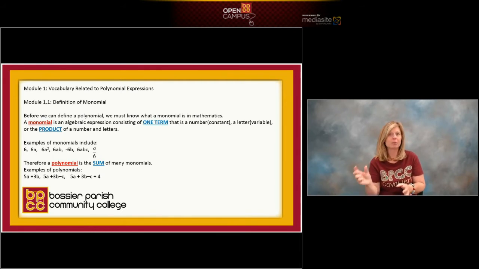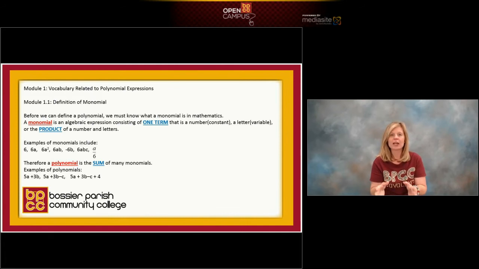When you have variables, letters, side-by-side numbers, and there's no addition symbols between them, no subtraction symbols between them, no division bars or fraction bars, that is understood to be connected by multiplication. So when you write 6a or 6a squared, that means multiplication. Another monomial would be 6abc. So 6abc, again, is also a monomial, one term, one piece.